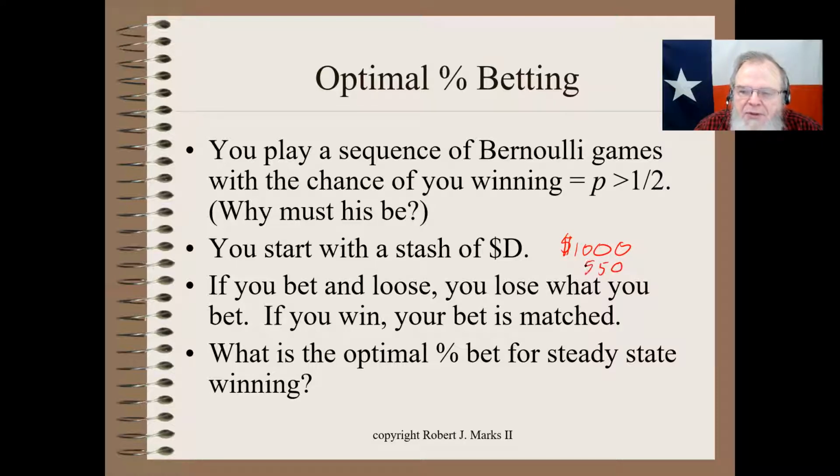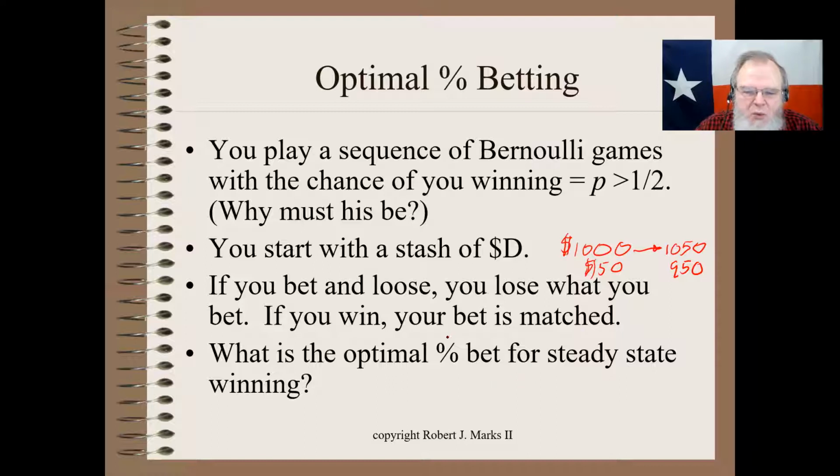If you lose $50. If you win, your stash becomes $1,050. If you lose, it becomes $950. You get the idea? So whatever percent you bet, that's either added onto your stash or subtracted from your stash, depending on whether you win or lose.